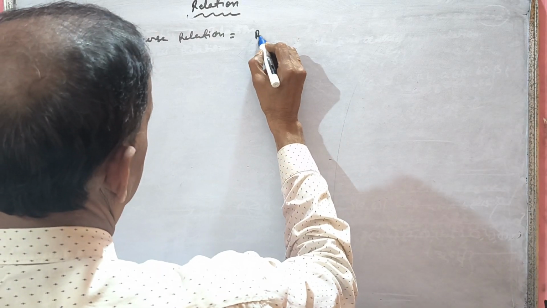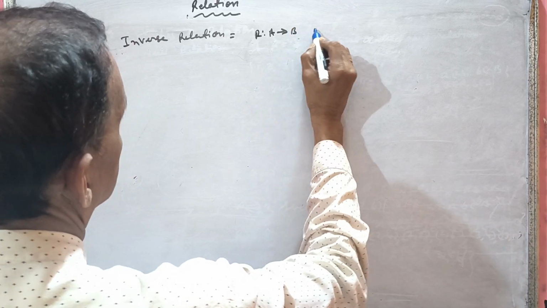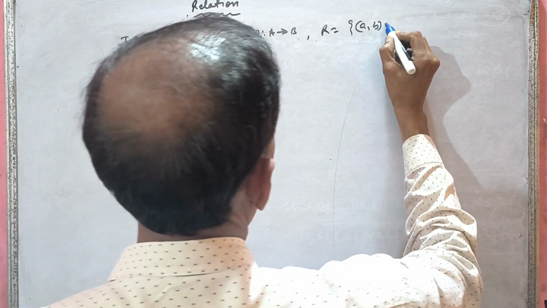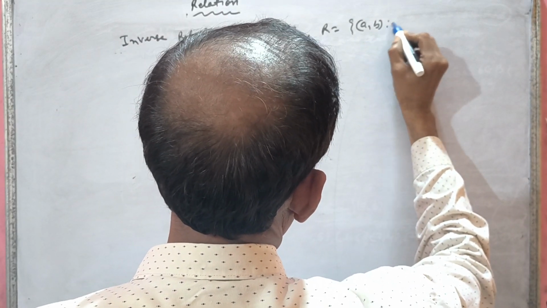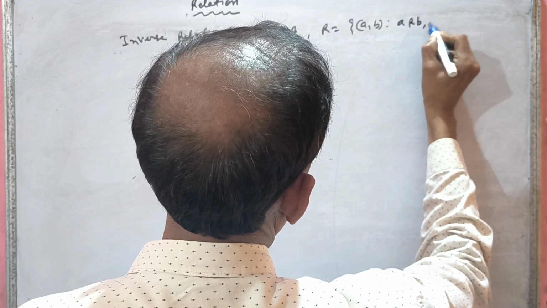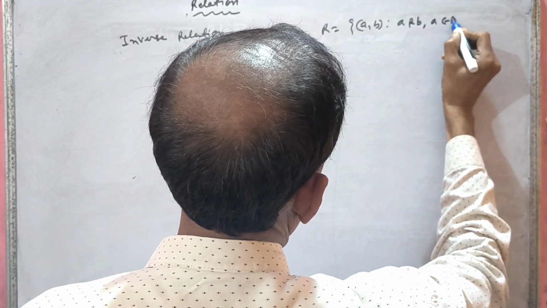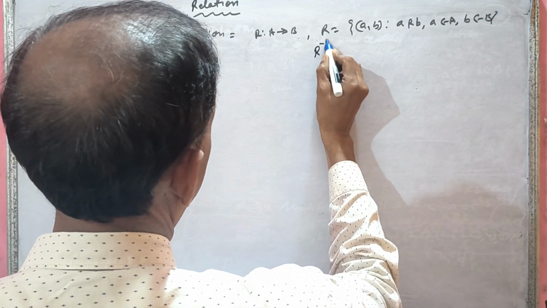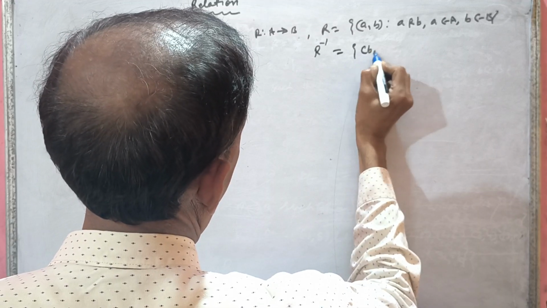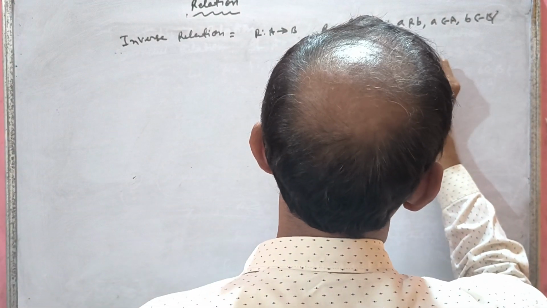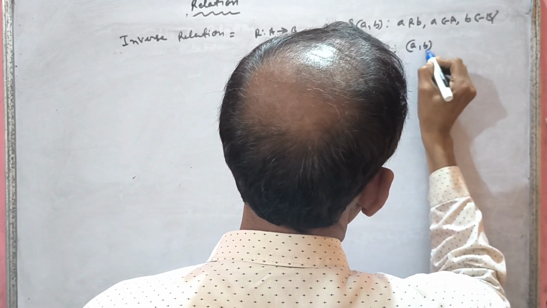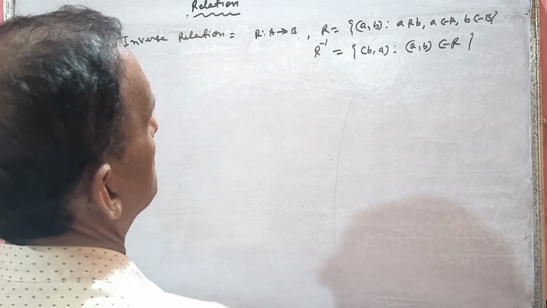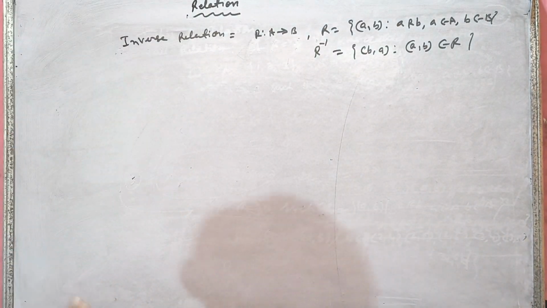If R is a relation from A to B such that R equals {(a, b)}, where a is an element of A and b is an element of B, then R inverse is denoted by the ordered pairs (b, a) such that (a, b) belongs to R. If (a, b) is there in R, then (b, a) will be in R inverse. It is called the inverse relation.